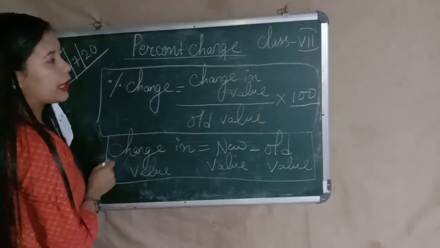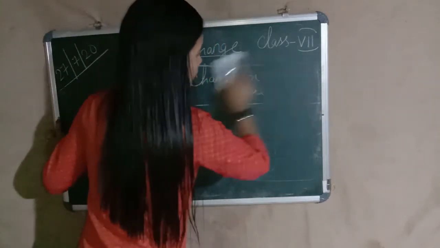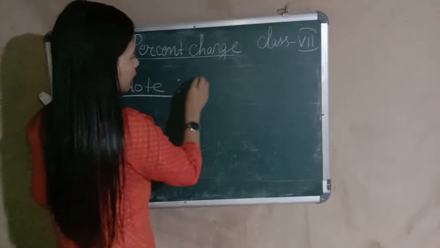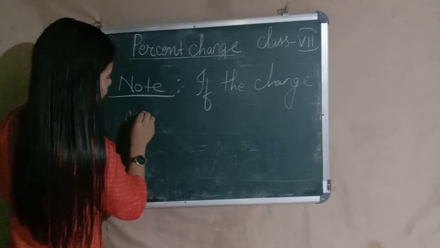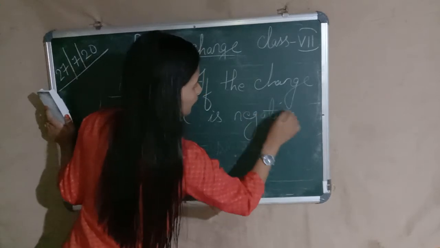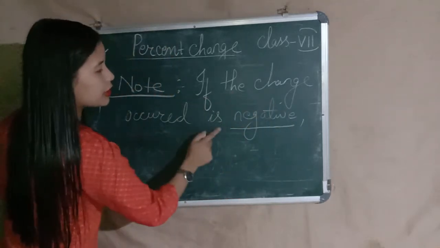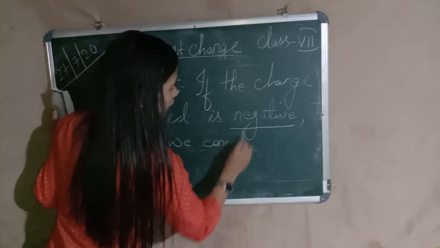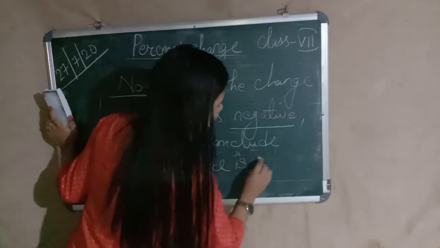Here I would like to make a note. Write it as a note, you might get confused later. If the change that has occurred is negative, if you get new value minus old value as negative, then we conclude that there is a decrease.